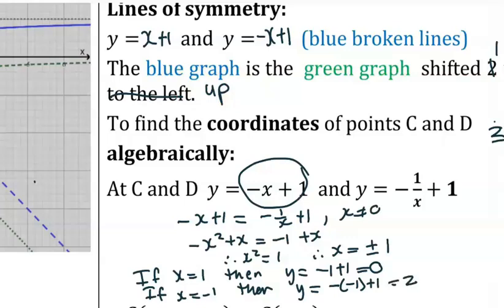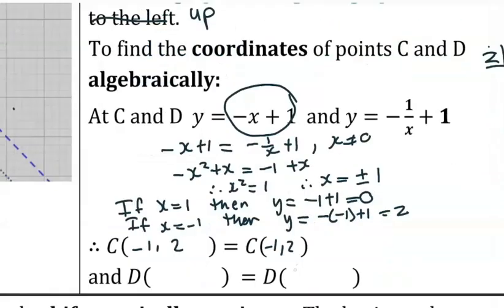So our C will be minus 1, 2, and our coordinates of D will be 1, 0. This is just the calculations that were in here, and this one was minus 1 plus 1.